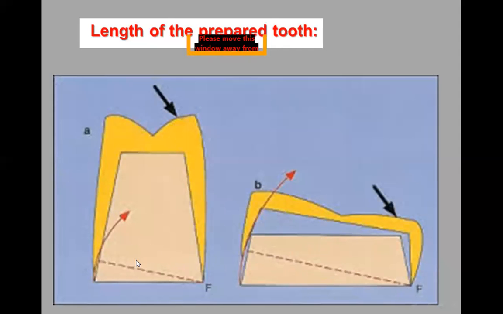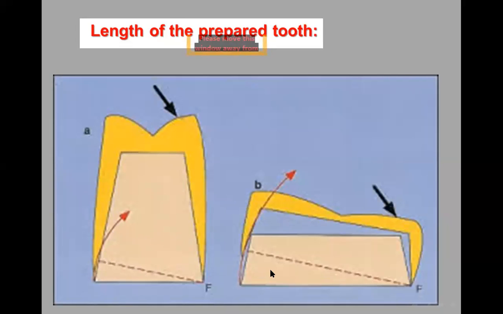Whenever you have a longer preparation, you will see that the red arrow or red curve will be obstructed by the tooth structure. That means the crown will not move, because the movement is obstructed by the tooth structure, since it is longer.